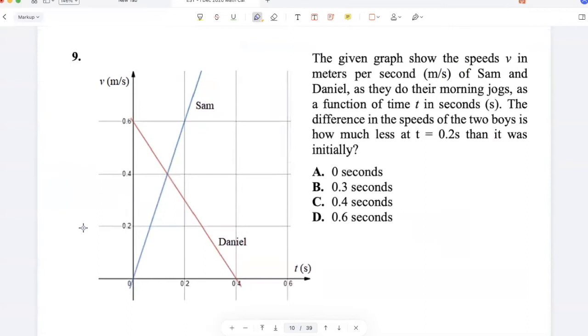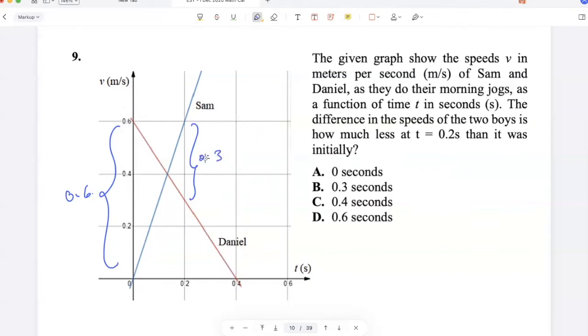Okay, the given graph shows the speeds V in meters per second of Sam and Daniel as they do their morning jobs as a function of time in seconds. The difference in the speeds of the two boys is how much less at 0.2 seconds than it was initially? So initially the difference was 0.6, and at point 2 the difference is 0.6 minus 0.3.